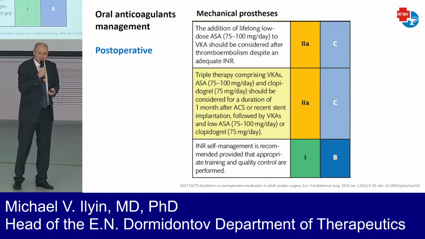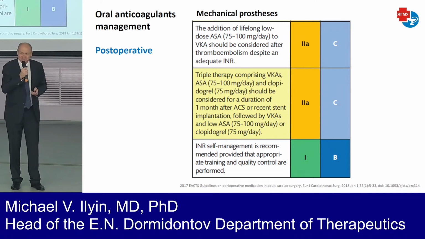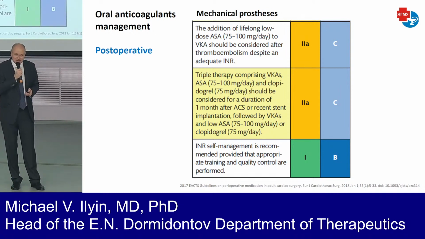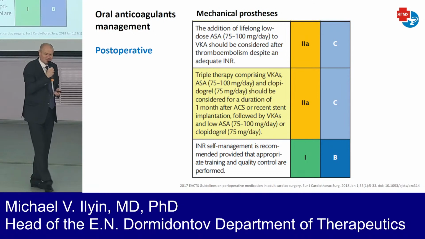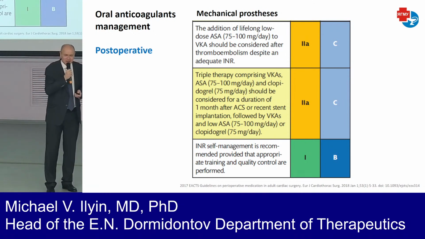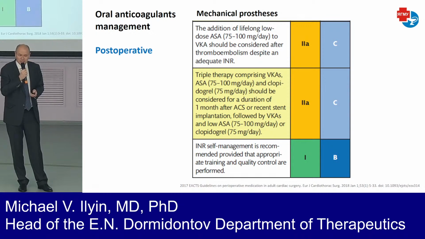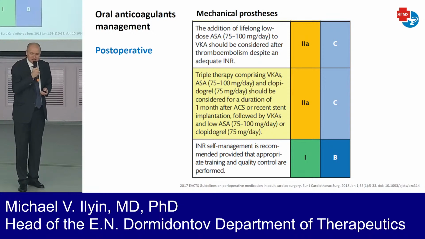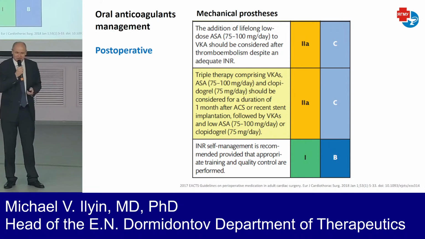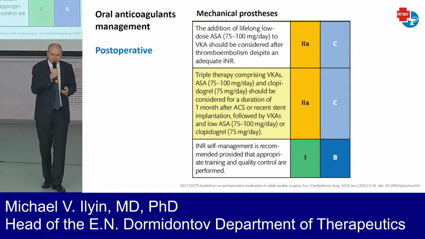Triple therapy. This is a very hesitating situation. Triple therapy comprising vitamin K antagonists, aspirin, and clopidogrel should be considered for a duration of 1 month after acute coronary syndrome or recent stent implantation, followed by vitamin K antagonists and low-dose aspirin or clopidogrel, 2AC.